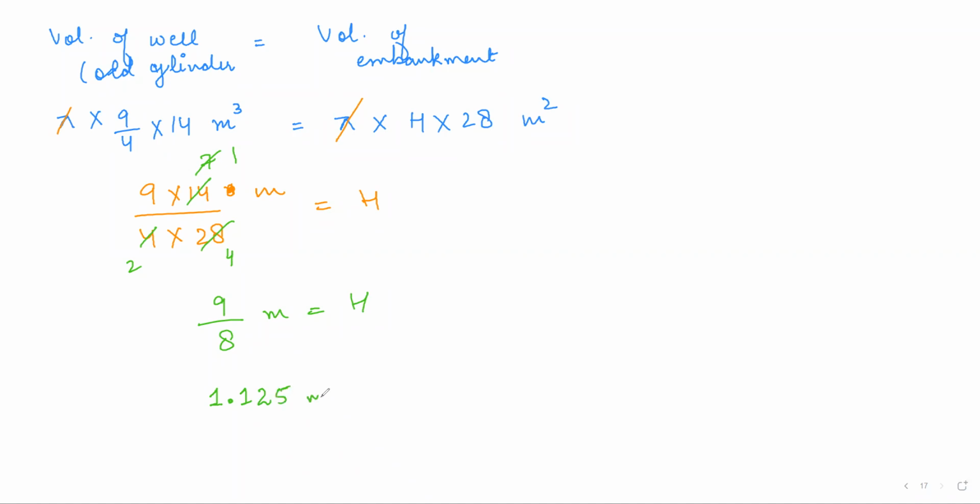I'm getting this as H, right? Yeah, I think this is correct. You can check it. 8 into 1, then 120, 8 into 2 is 16, then you get 4, and 8 into 5. So it is terminating: 1.125 meter.